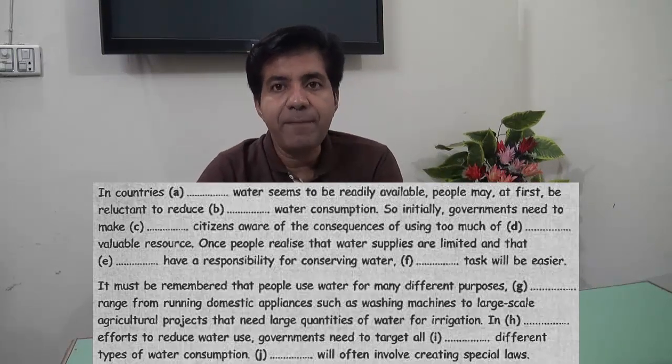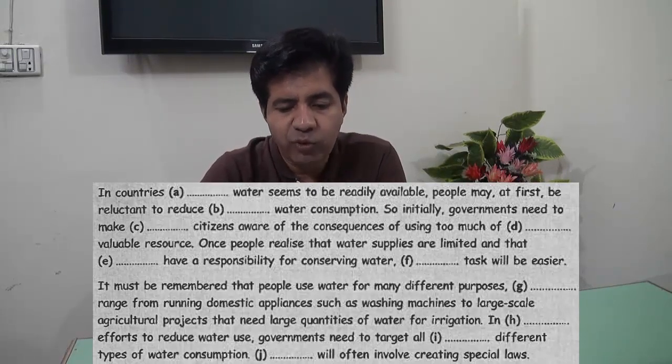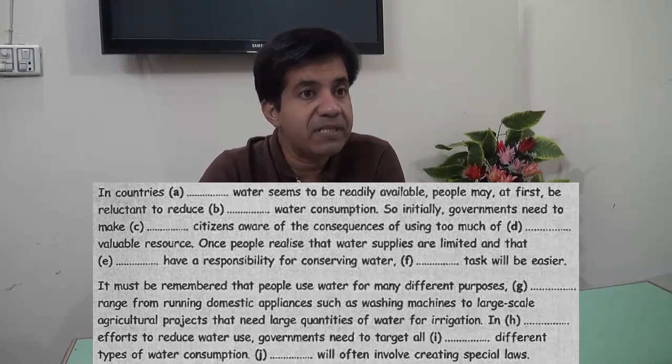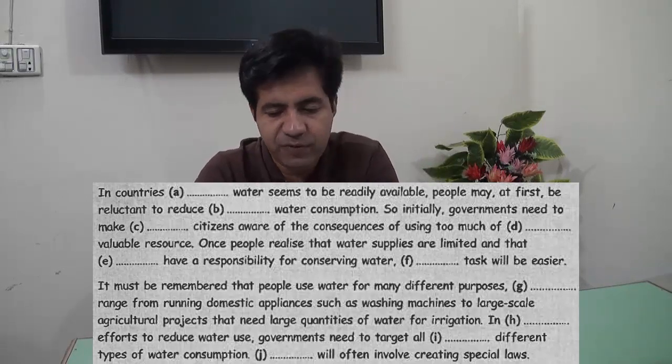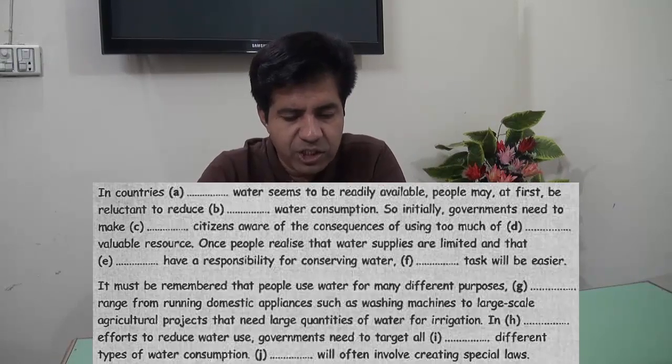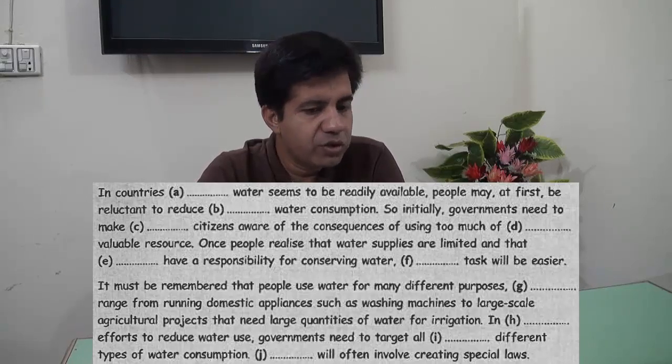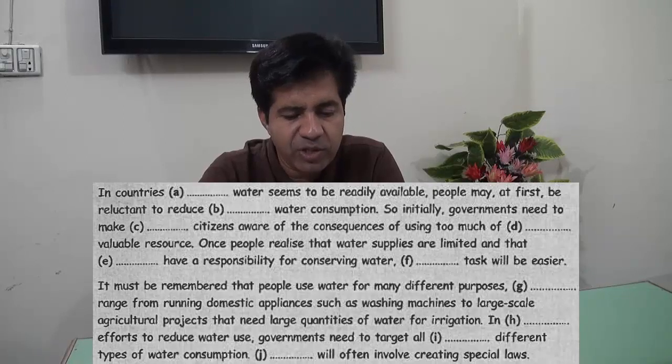It must be remembered that people use water for many different purposes, which range from running domestic appliances such as washing machines to large-scale agricultural projects that need large quantities of water for irrigation.